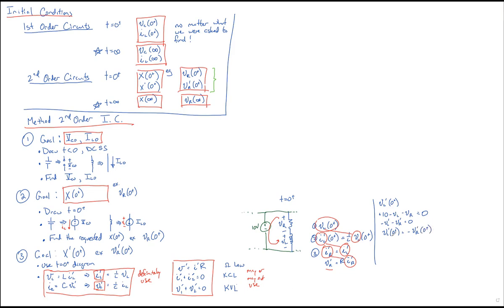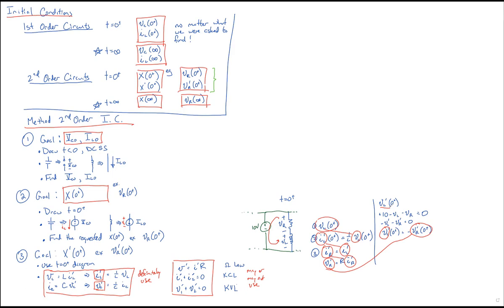I just solved this equation for V sub L prime. And we already found V sub R prime down here. So this would just be what we get from here. And now from all these steps, we can find our V sub L prime, which is what we need to find if we're asked for V sub L.